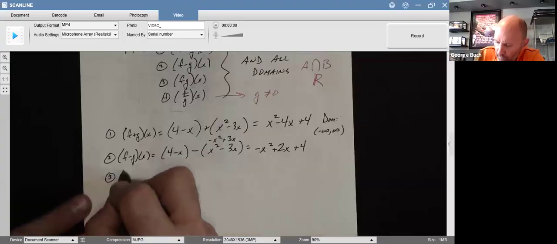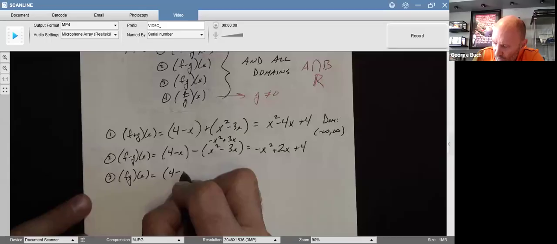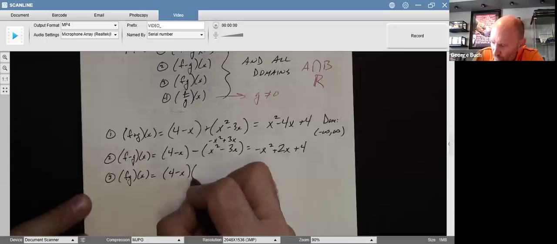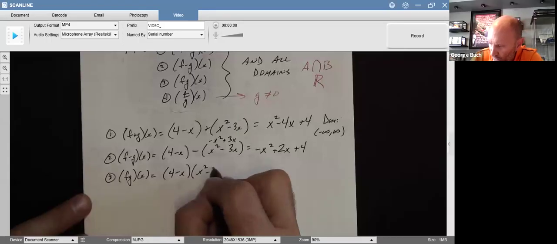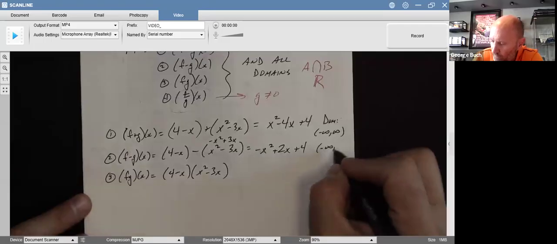Three, f times g of x. So that's f, 4 minus x, times g, x squared minus 3x. And again, the domain for this one, also negative infinity to infinity.